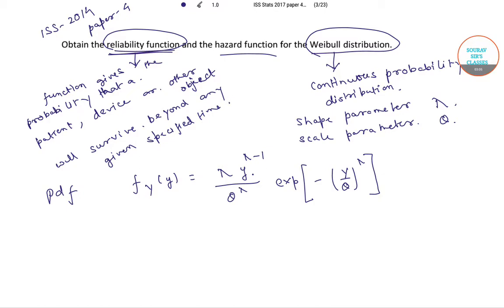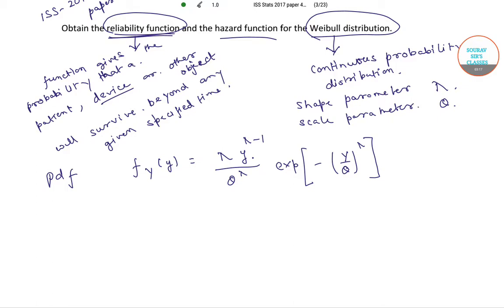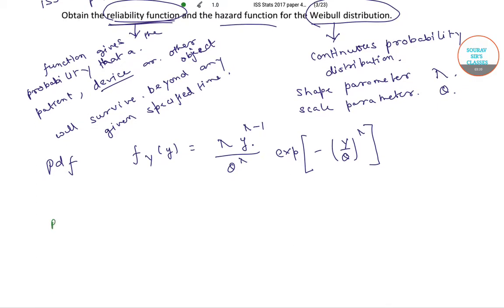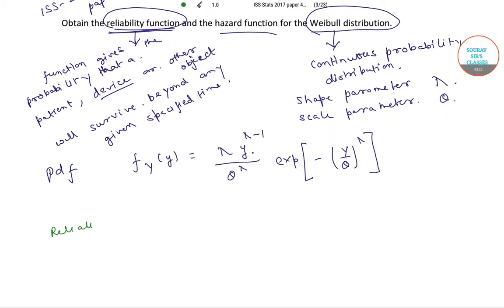So this reliability function is the probability that a patient or device or any other object will survive beyond any given specified time. And so we would have this reliability or survivor function denoted by S(y).